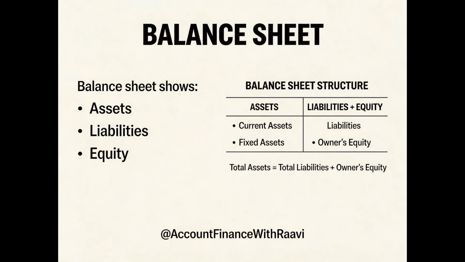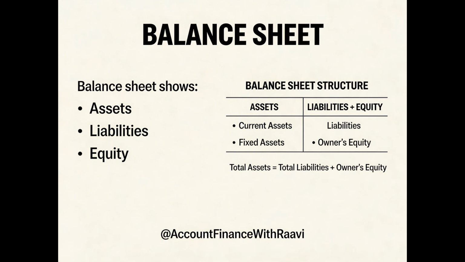Then the most important statement, which shows the financial position, is the balance sheet. The balance sheet can also be known as the statement of financial position. The balance sheet is prepared on a particular day, generally at the end of the year. Suppose you take the financial year end, that is 31st March of the year, then on that particular date, what is the position of the company?